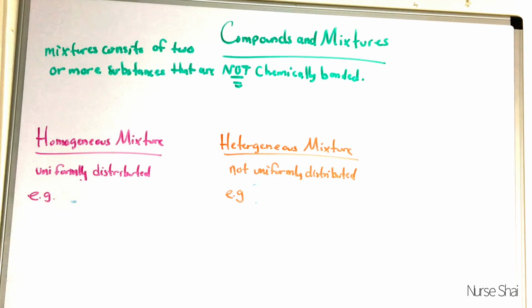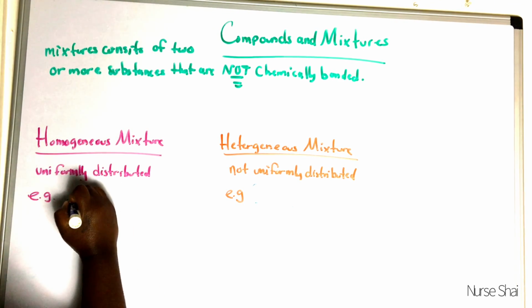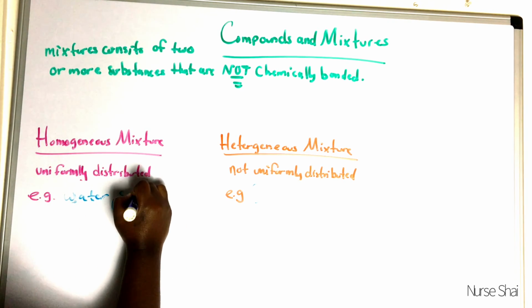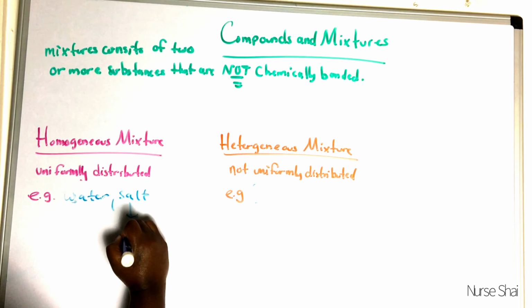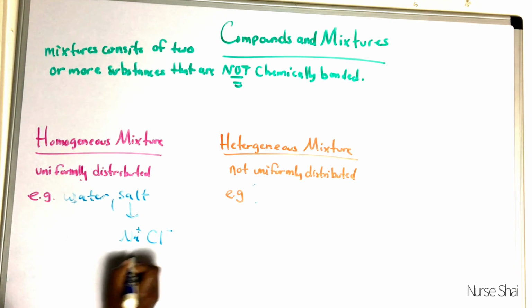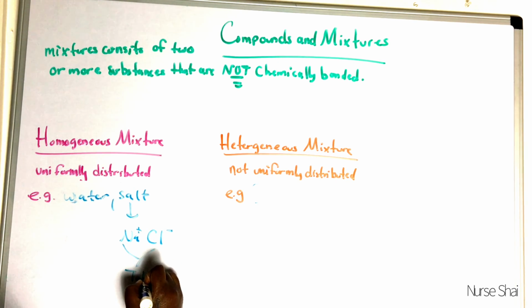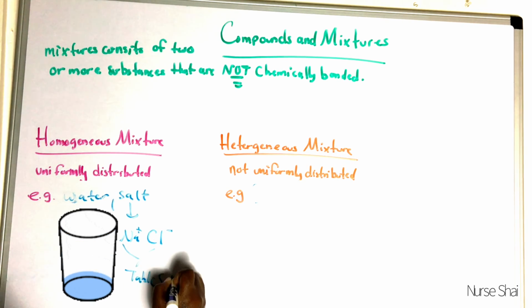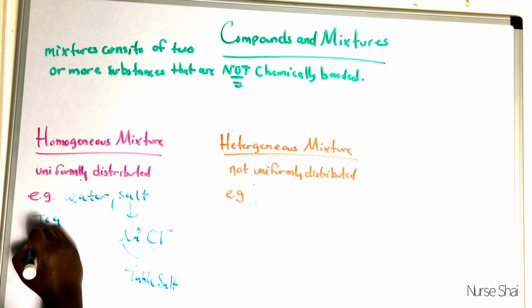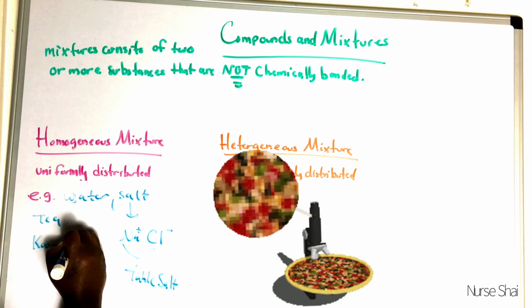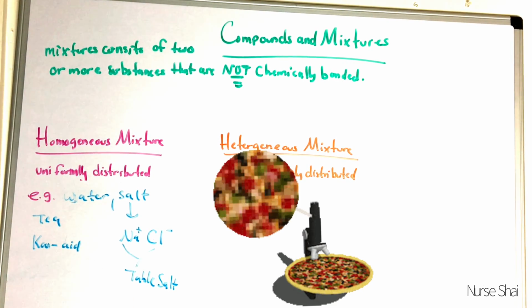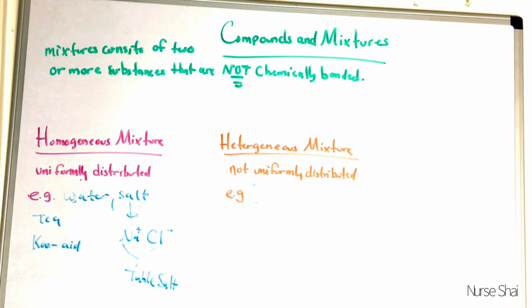An example of a homogeneous mixture would be water and salt, since this is chemistry, that's table salt. But anyway, tea, Kool-Aid, things like that. So a heterogeneous mixture is not uniformly distributed.